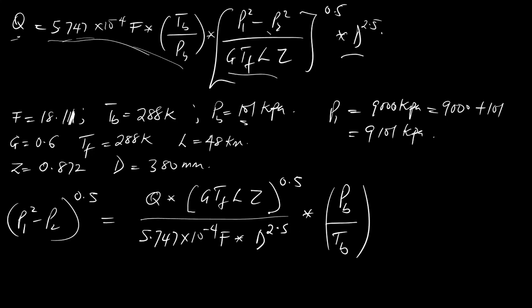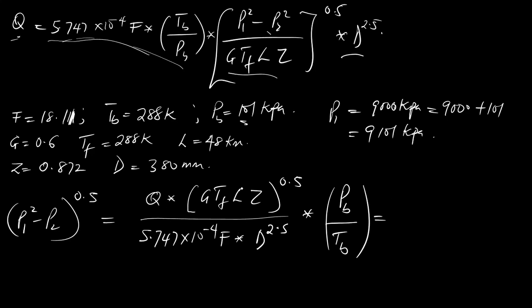So that is it. Now we have finally taken the whole of this off there. So this is what we're going to get. Let's calculate this expression and see what it gives us.